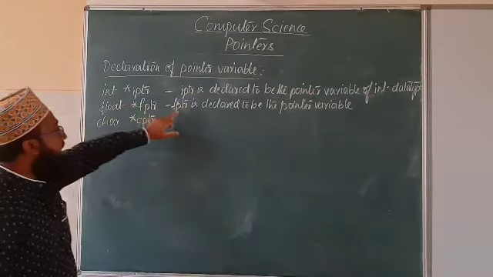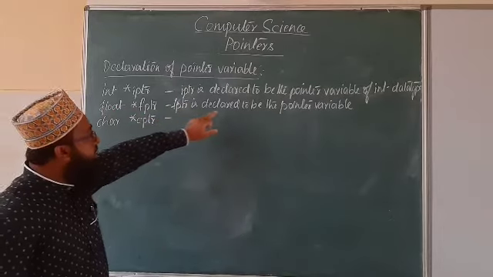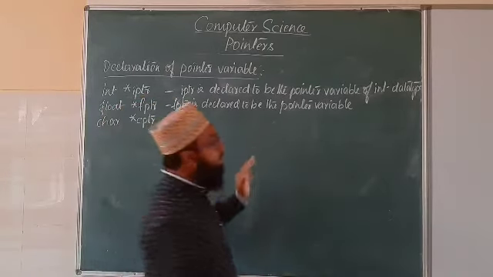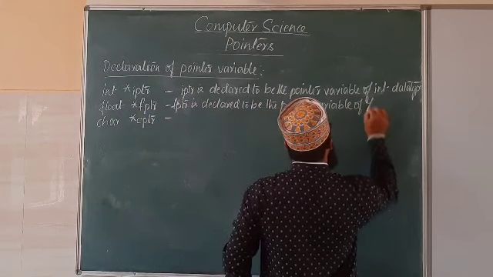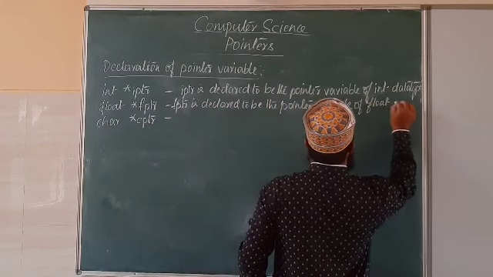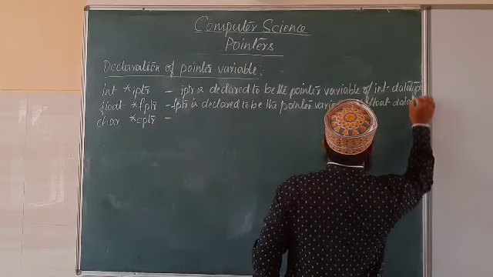Then float FPTR is declared to be the pointer variable of float data type.